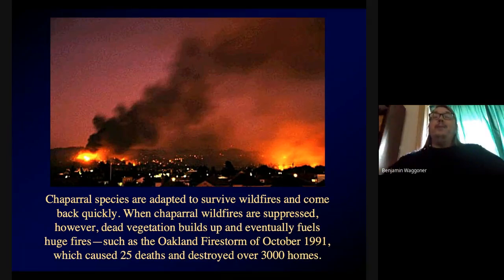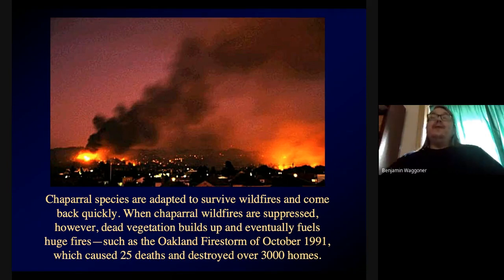So what people had been doing was suppressing the wildfires that would naturally go through the chaparral. The end result was that dead vegetation builds up. Dead leaves, dead pine needles, dead twigs and branches. Those weren't burning off, so they were building up on the forest floor and in the soil.